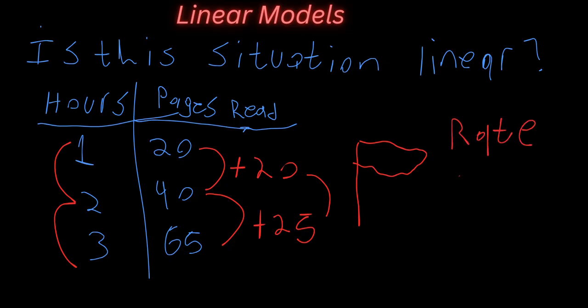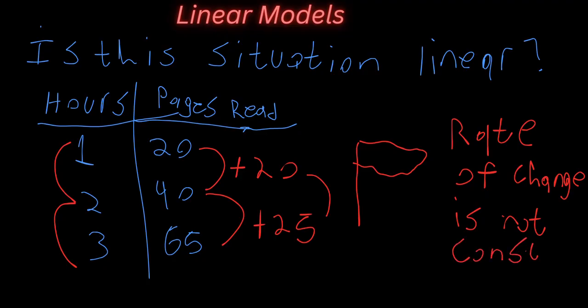The rate of change is not constant. And that tells us that this is not a linear model. So no, it is not a linear model. Let's do one more problem.